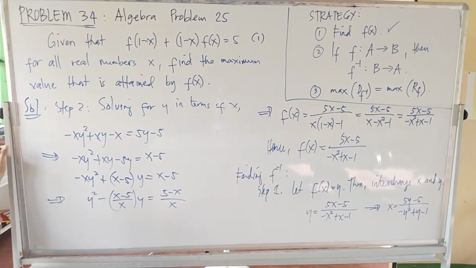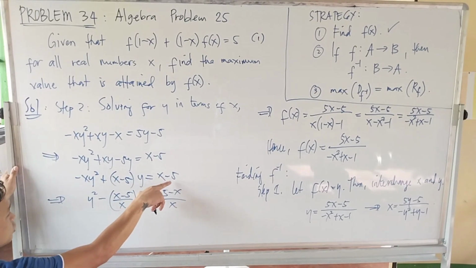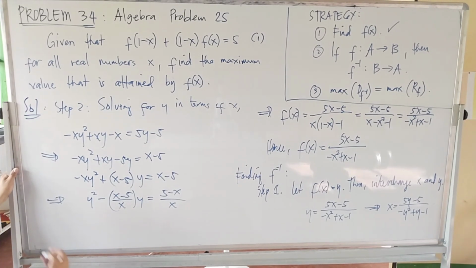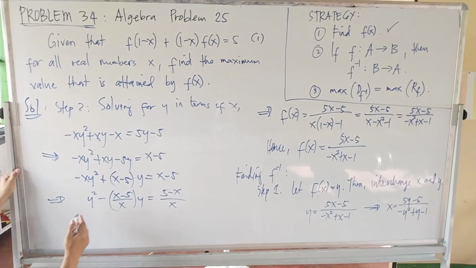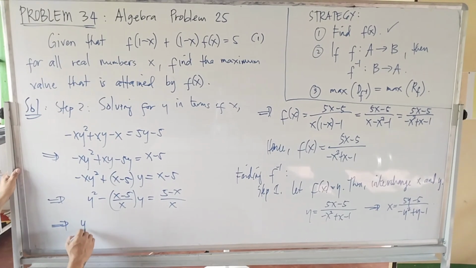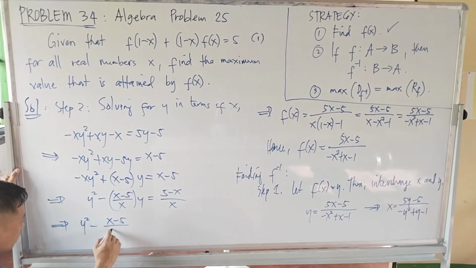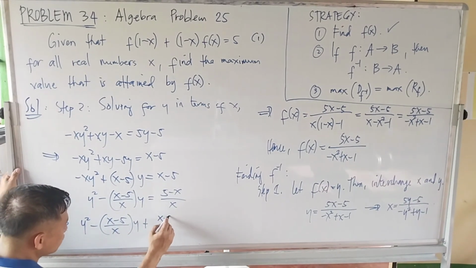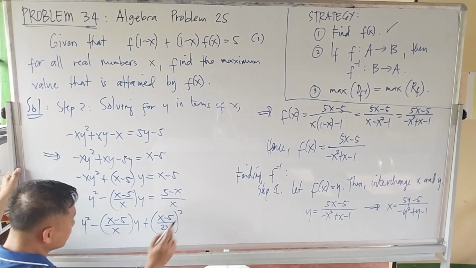Since we are dividing by a negative number here, the sign would be reversed. Now, by completing the square, we're going to divide this by 2, then square the result. So this follows that we have y squared minus x minus 5 divided by x, quantity times y, plus x minus 5 divided by 2x quantity squared.